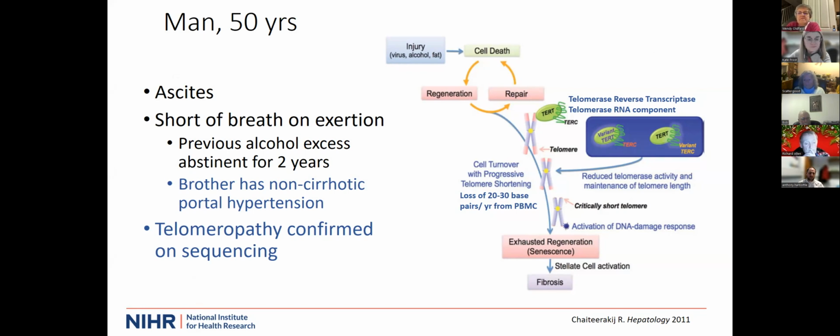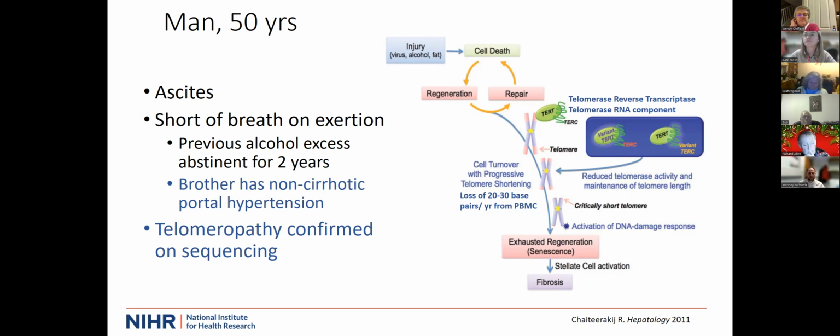The person also had shortness of breath on exertion, and he had some excess alcohol consumption but hadn't drunk for 2 years. But what he described was that his brother had been under my care, and he had what we described as non-cirrhotic portal hypertension.